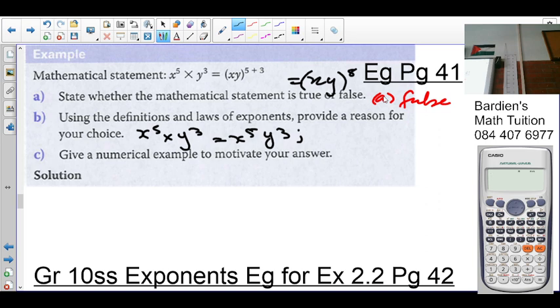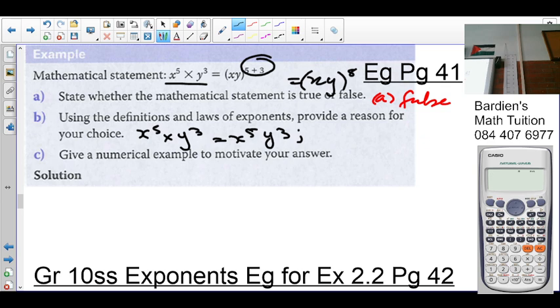Here they are adding the exponents, but are the bases the same? No. You can only add the exponents when the bases are the same. What is the base here? x and y. So it's not the same. So use the definition and the laws of exponents. That's the answer. The reason is: when bases are the same and we multiply, we must add the exponents.